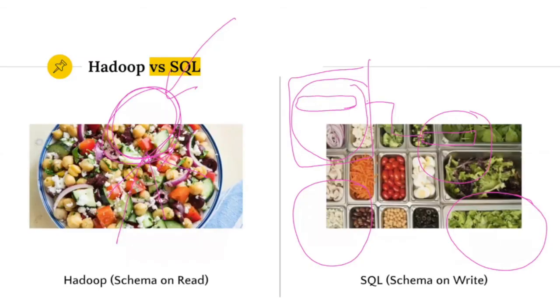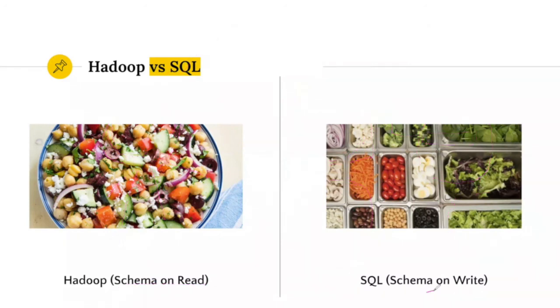The reason why I call this schema on read and schema on write is because of that reason. So schema means, again, structuring or ordering of data, and you have to enforce that before writing any new data to a database. Versus schema on read means we're not going to enforce any structuring.